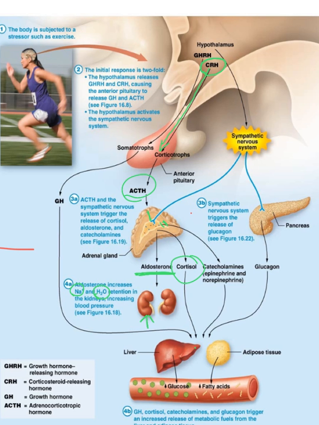Whenever you have cortisol, that means you have more glucose going to the blood. So in the liver, we're promoting the breakdown of glycogen, glycogenolysis, into glucose. We're also breaking down fats, fatty acids that can be used for fuel molecules and converted into glucose as well.